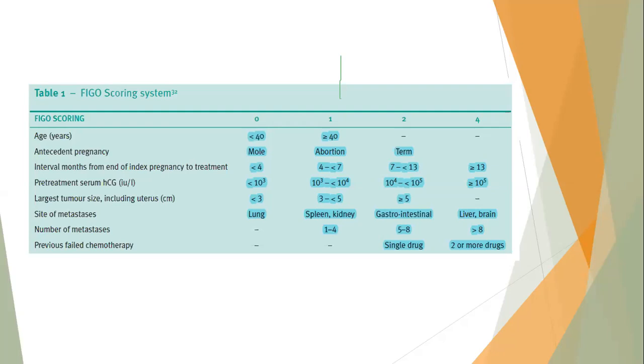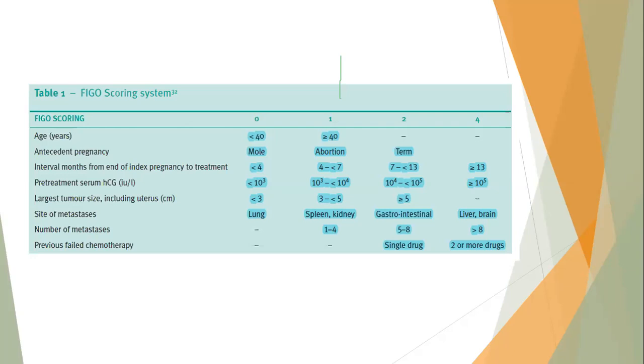Interval months from end of index pregnancy to treatment. How long it took for us to discover this? If it is less than 4 months, from 4 to 7 months, from 7 to 13, or 13 or more.